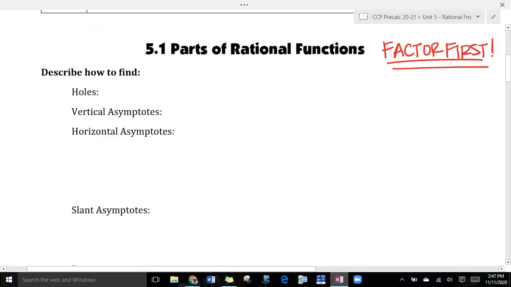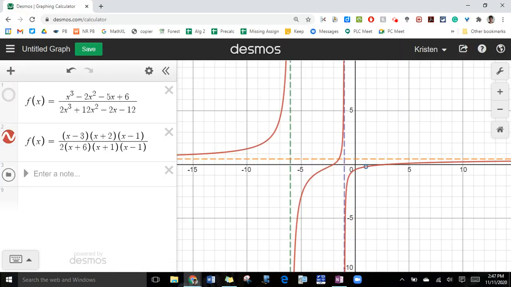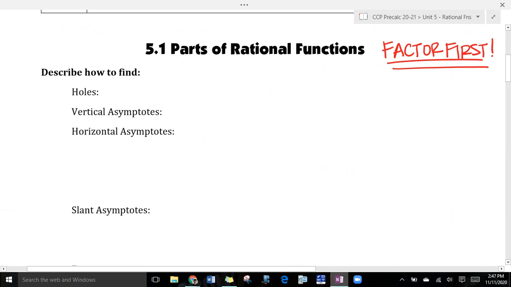Now, if you remember the function, I keep switching back and forth, sorry. The function had a hole at 1. And the thing that creates this hole at 1 is that both the numerator and the denominator have a factor of x minus 1. So wouldn't you think if we have a common factor, top and bottom, that it would cancel? And if you're thinking that, you're right. That would cancel out. So any factor that would cancel out of both top and bottom is going to create the hole.